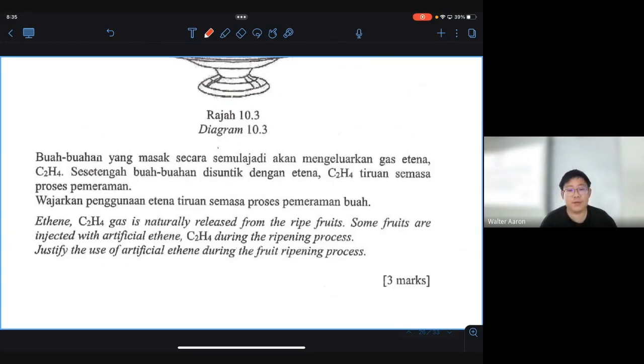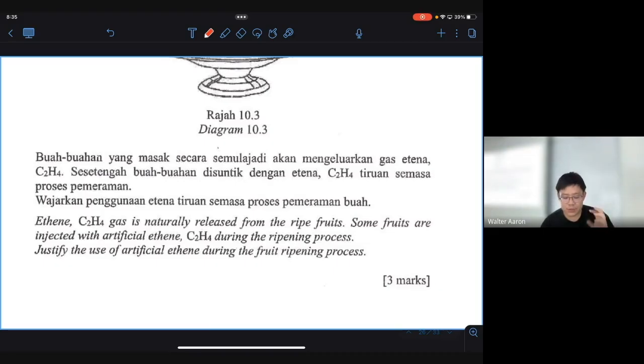Okay, it's telling you that fruits generally produce ethene. Ethene is a gas. To plants, it's like a hormone that stimulates the ripening process of fruits. But some farmers don't actually wait for the fruits to produce the gas by itself. Instead, they will inject or release the gas artificially into fruits so that they can ripen faster, supposedly.